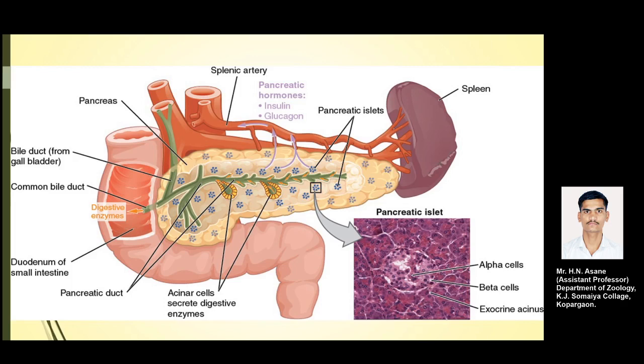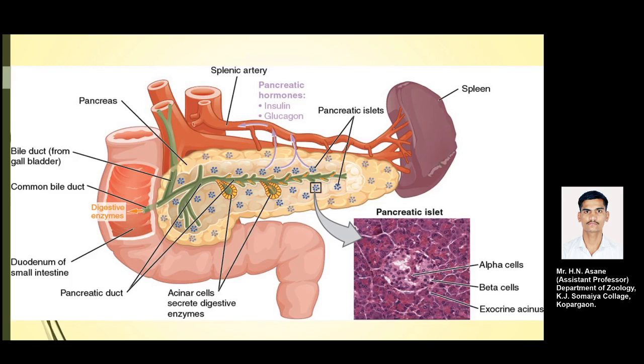The interlobular ducts open into the main excretory duct, which has an external coat of fibroelastic connective tissue, and the inner columnar epithelium opens into the duodenum. The pancreatic juice secreted by the exocrine part is an alkaline secretion.